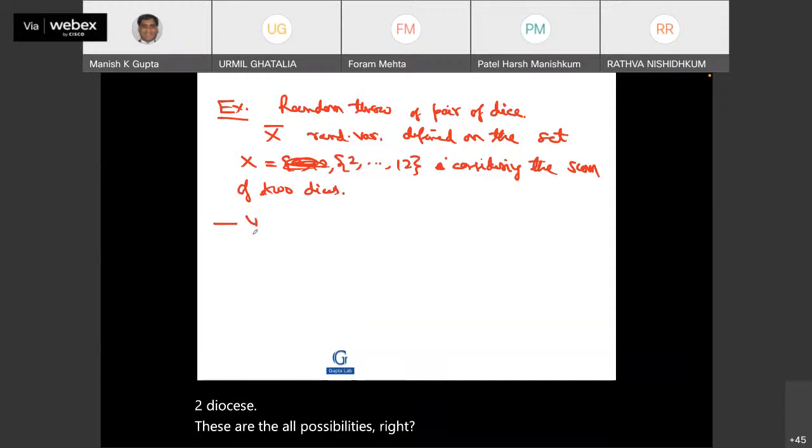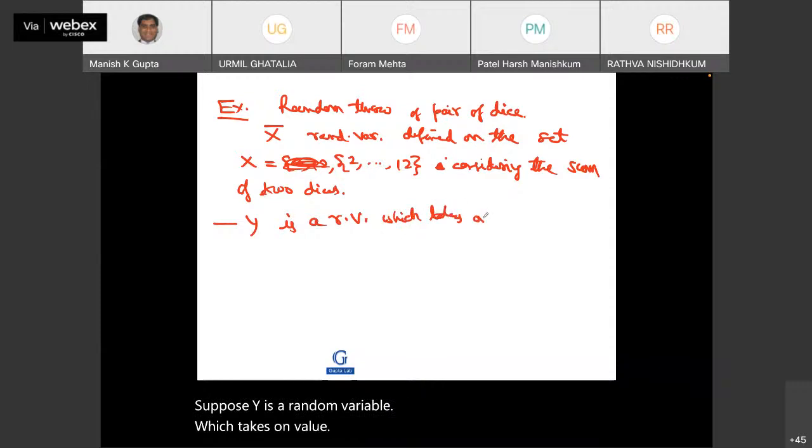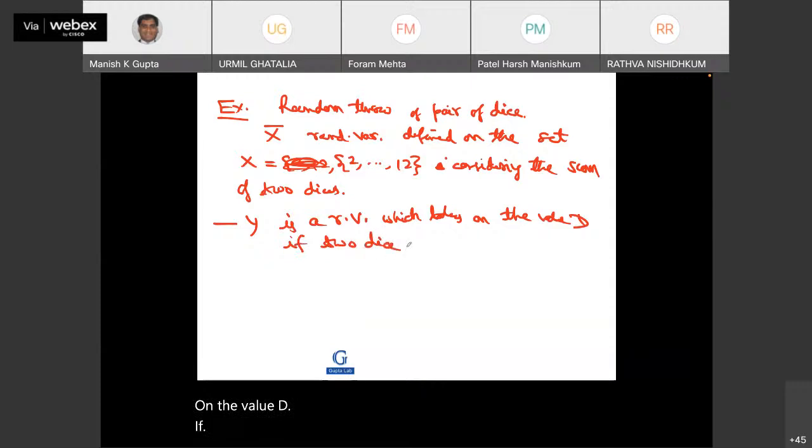Now, suppose Y is a random variable which takes on the value D if the two dice are the same, and the value N otherwise, if they are not the same.